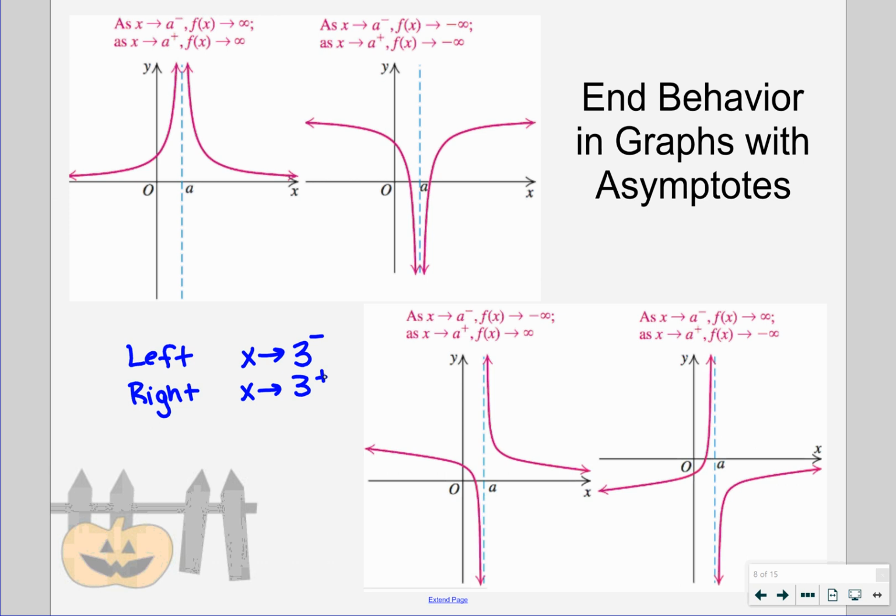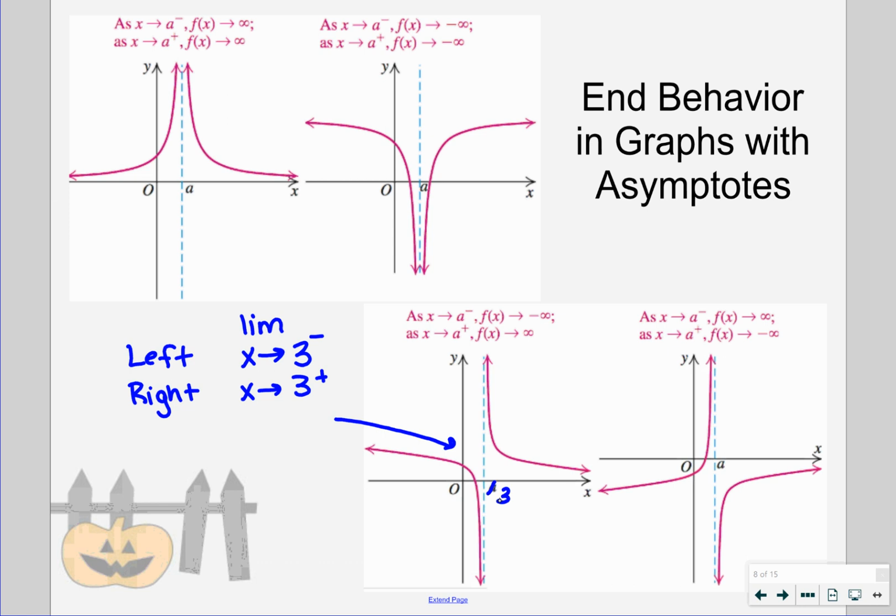Instead of just the x approaches and the y approaches with the arrows, we're going to add in, as I mentioned when I taught you before, the word limit, or the abbreviation for limit, above each of these. Let me give you an example. Let's say I wanted to look at this picture down here, and let's pretend it's getting close to 3. That's the vertical asymptote. I would say the limit as x approaches 3 from the left.